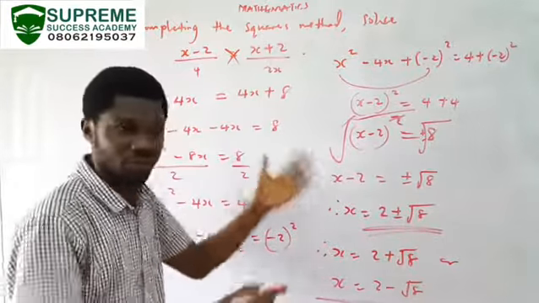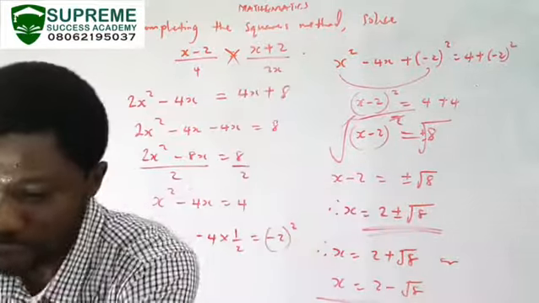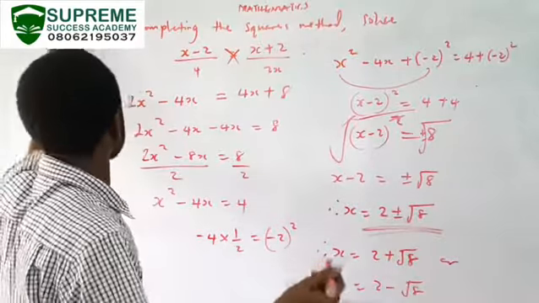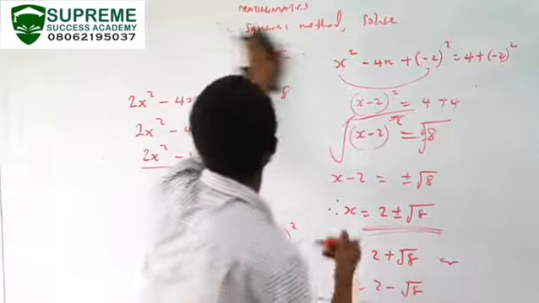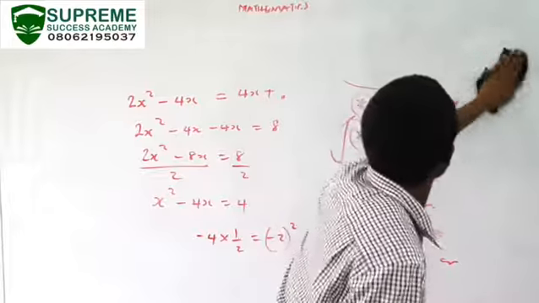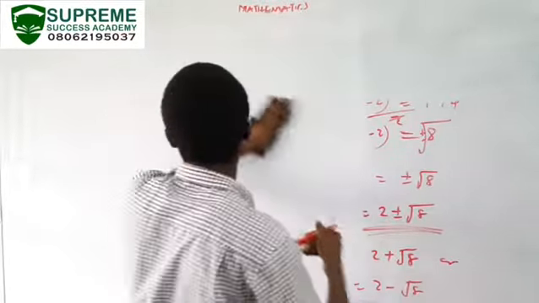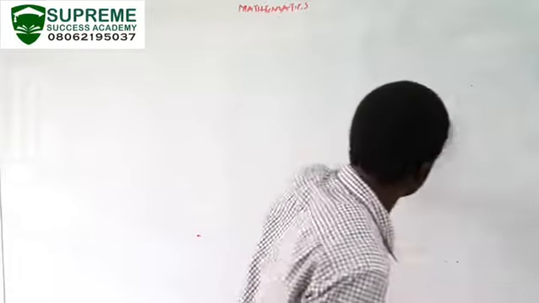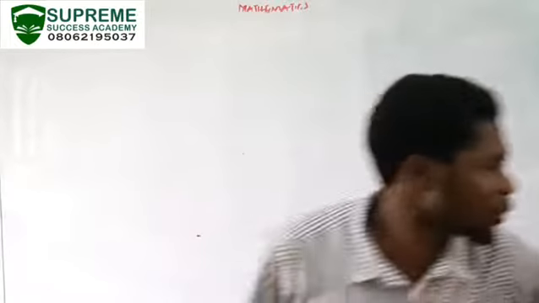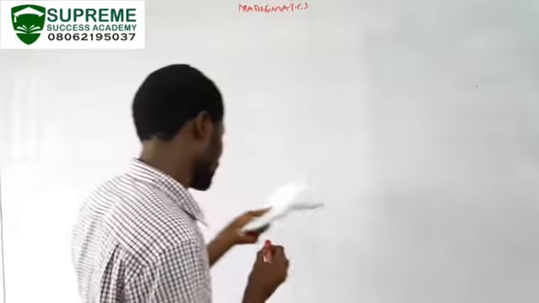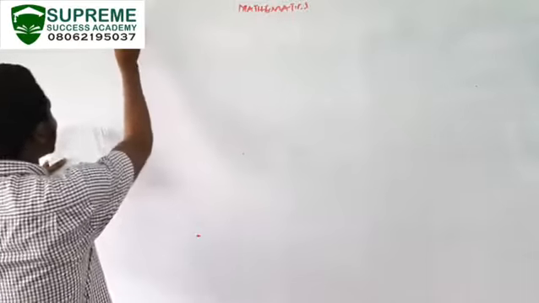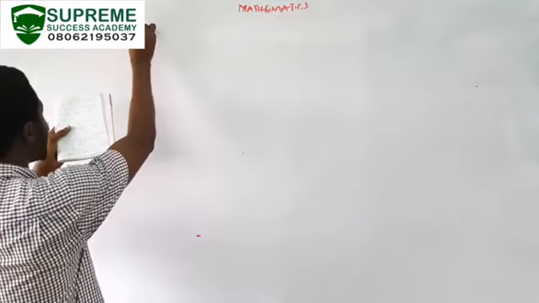So let me just give you one more problem you will solve on your own, for you to see how understanding this could help your mathematical skill. So take this question. This is also a question. Divide. Look at this. Can you see the way they are giving it?